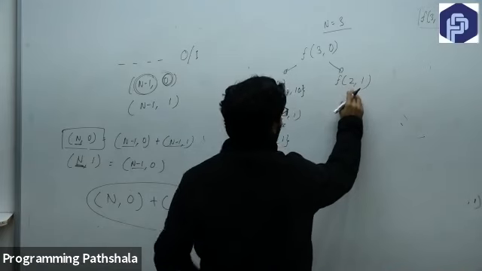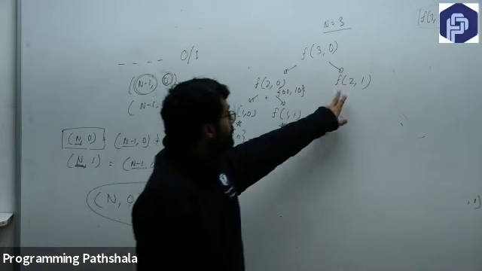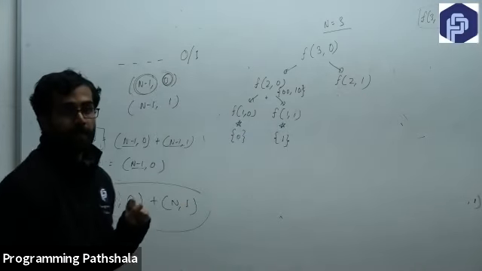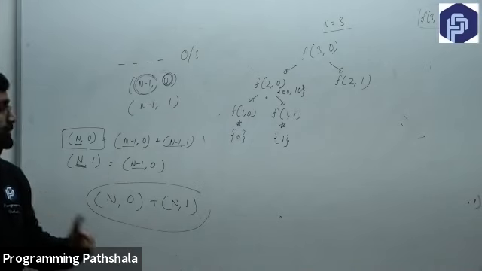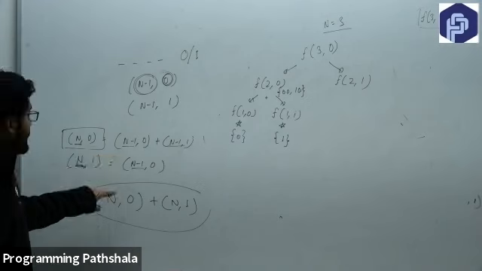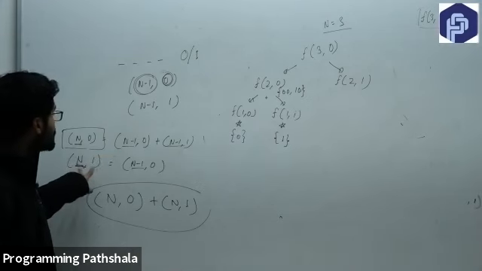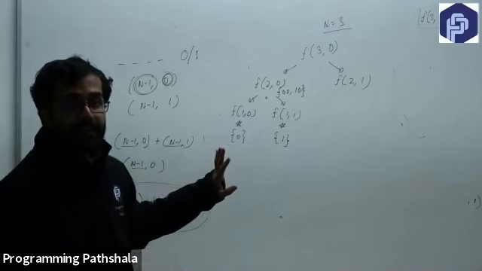F of 2, 1. How many branches would come from here? Can you tell me how many branches would come from f of 2, 1? F of 2, 1 depends upon what? If you take a look over here, f of 2, 1 depends upon what? It needs to know how many bit strings of size 1 will be there that end with 0.